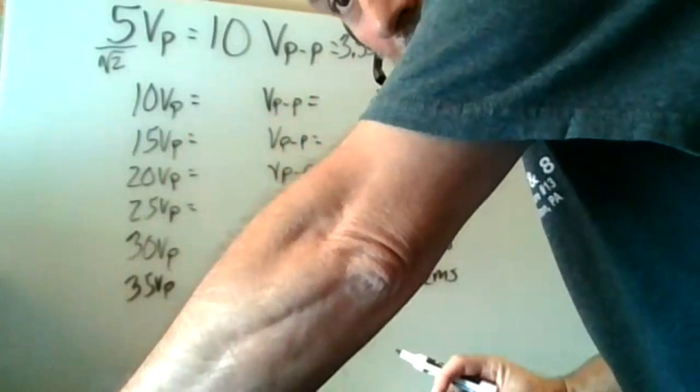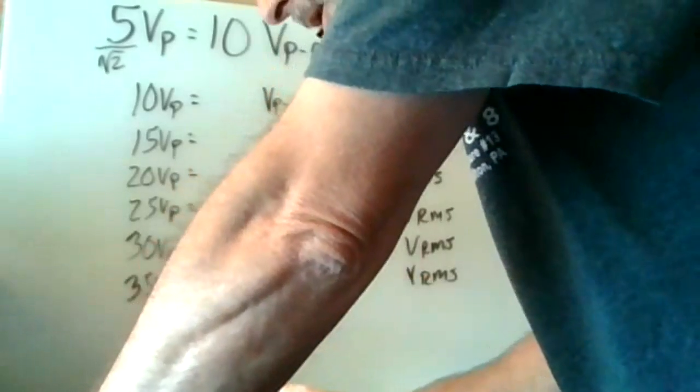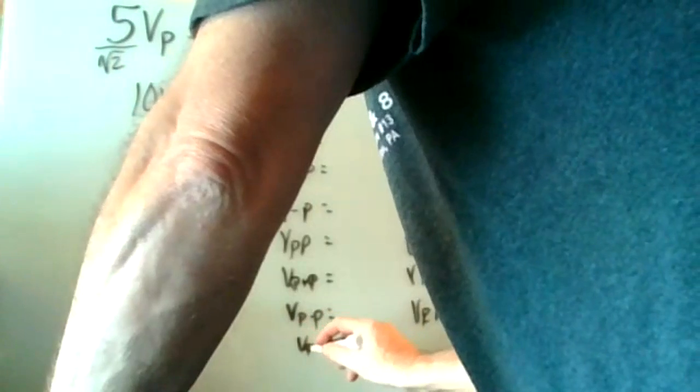I got to see who else I got here. I already got Nathan, right? And I got Jack, you got 40 volts peak, peak to peak, VRMS. And I got Jason, you got 45 volts peak, peak to peak, VRMS.